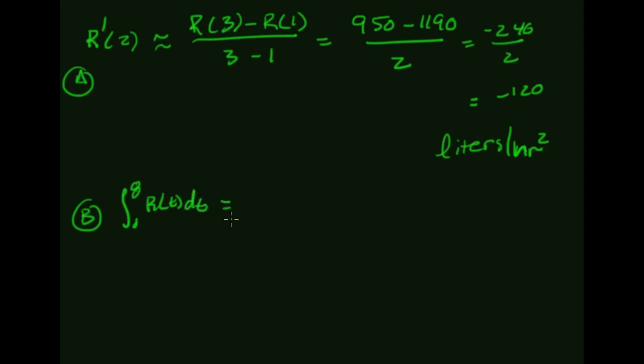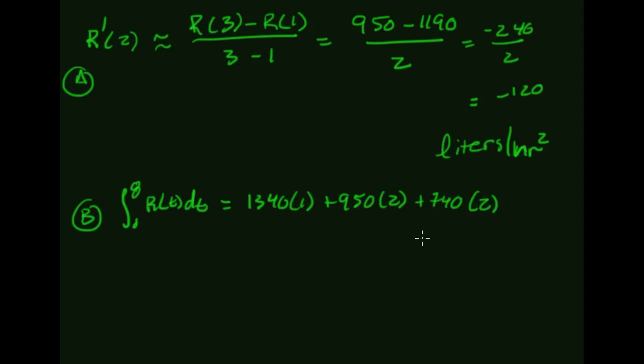If you take the left-hand sum of that, you should get 1340 times the width of 1 plus 950 times the width of 2 plus 740 times the width of 2.